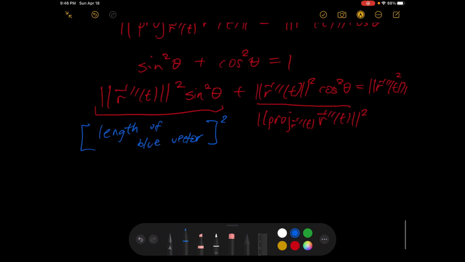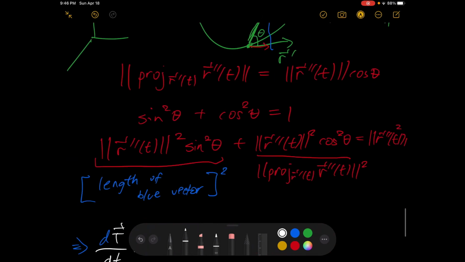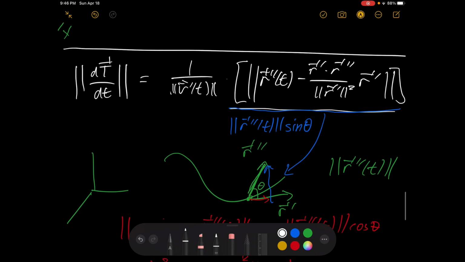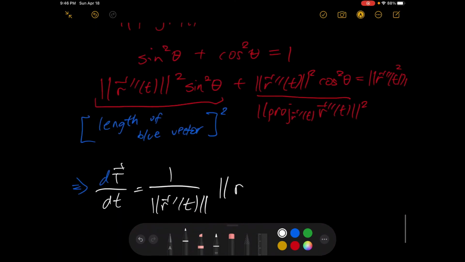So let's rewrite this. So dT over dt is equal to 1 over the magnitude of r prime, and then we replace this by r double prime of t sine theta.